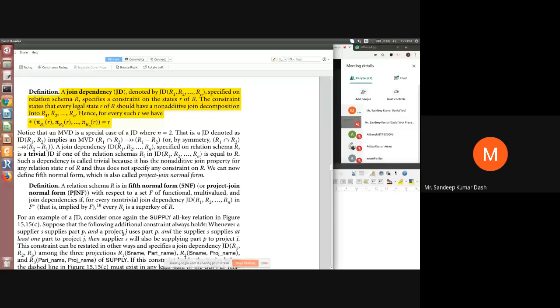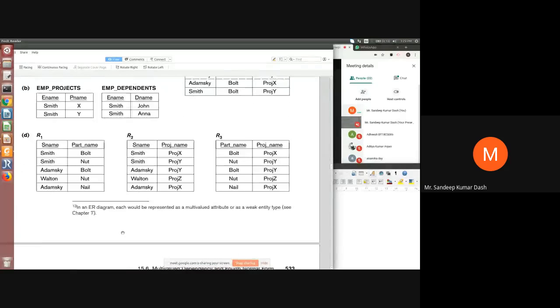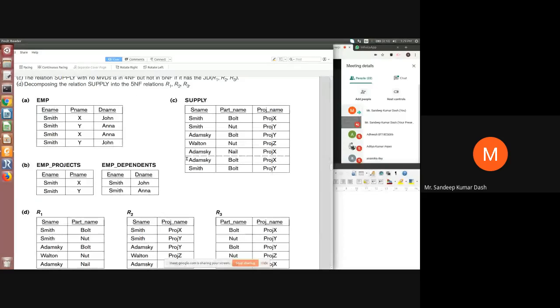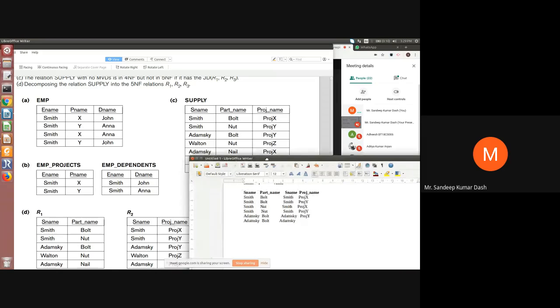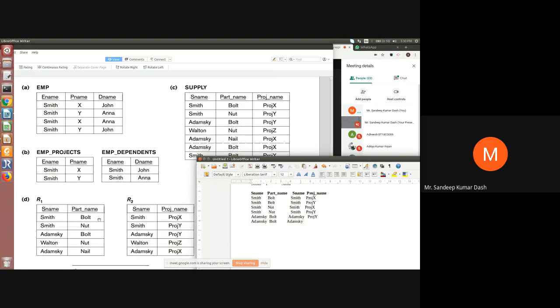There is a point where this part is not there. You assume that the table is up to this. Okay, up to this 1, 2, 3, 4, 5, fifth row. These two rows are not considered. That's why I am including this. Up to this point, you say. Okay, and you got this relation and this relation. Only 5 rows: 2 Smith, Adamski, Walton, and Adamski. Up to this point, you consider.